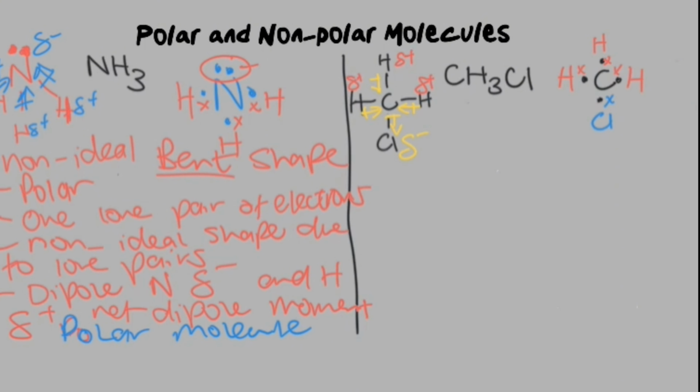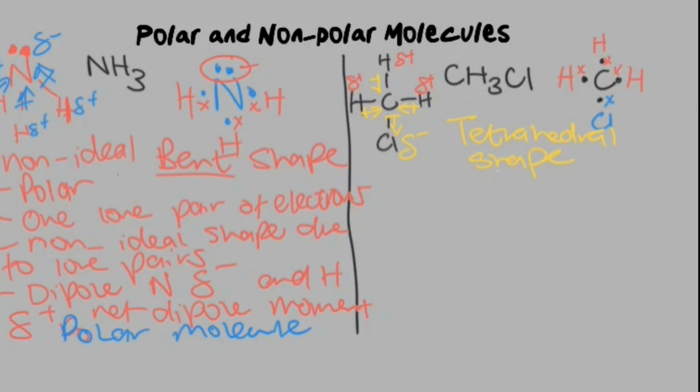So I'll start off by saying, if I look at the shape, it does form a tetrahedral. So ideally, because it forms an ideal shape, it is supposed to give me a non-polar molecule.